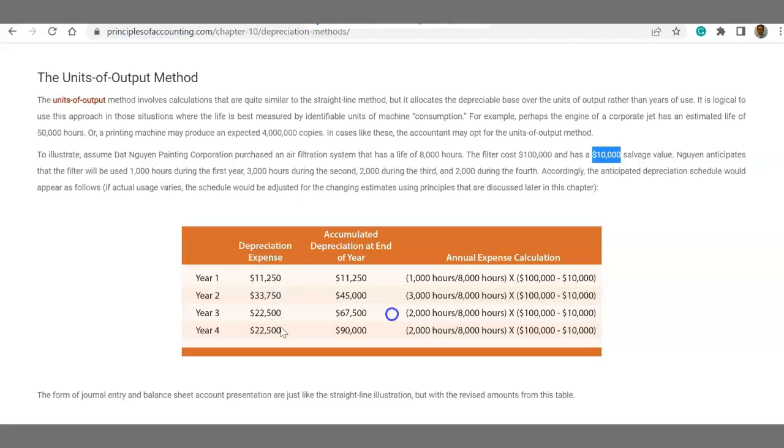So this kind of depreciation is good to match with your revenue properly and provide you a proper amount of net income that makes more sense in a real story of daily operation.